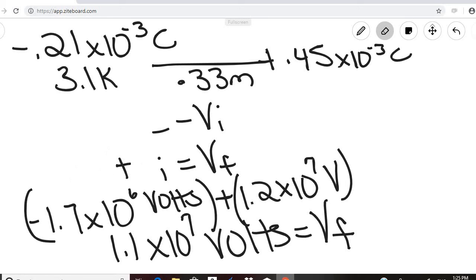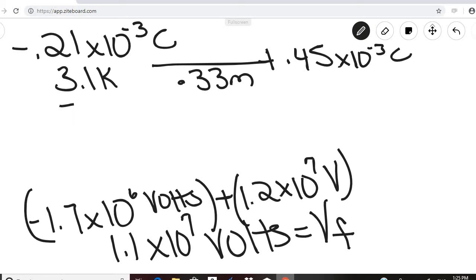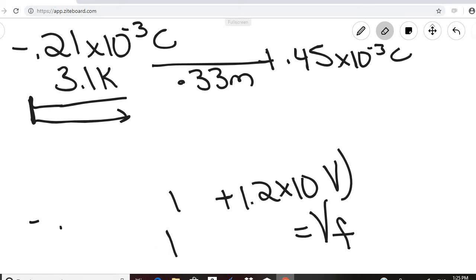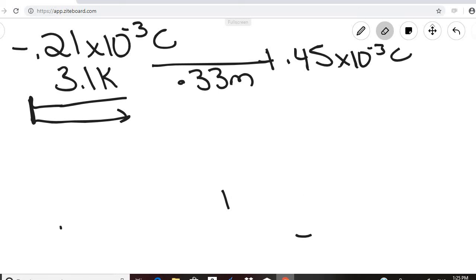We want to know how far away this particle will move until it stops and turns around and goes in the other direction. So we know that VF is equal to 1.0 times 10 to the 7 volts.